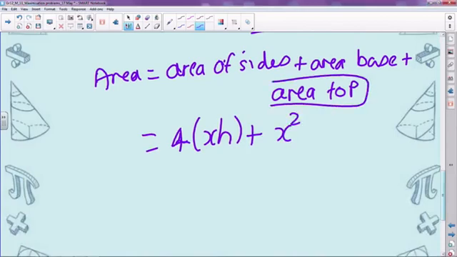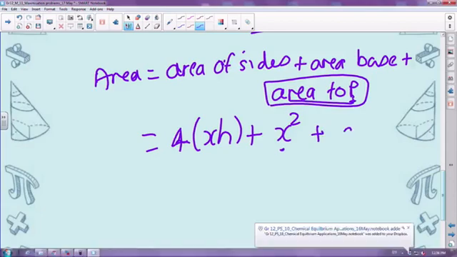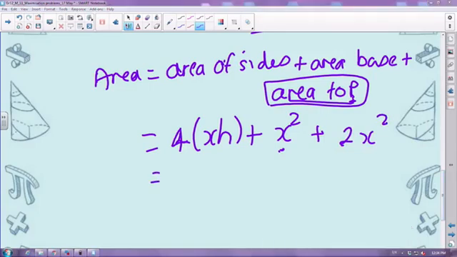Now the area of the top, and we've discussed this at the beginning, we know that the top part of the container needs twice as much material as the base, so therefore the area of the top is going to be 2x squared. So it's twice as much as the base of this shape. Okay, so if I simplify this, we get 4xh plus 3x squared as my total area of this shape.